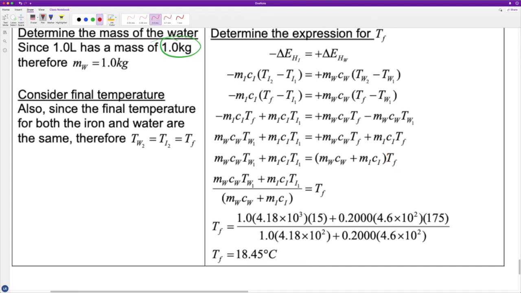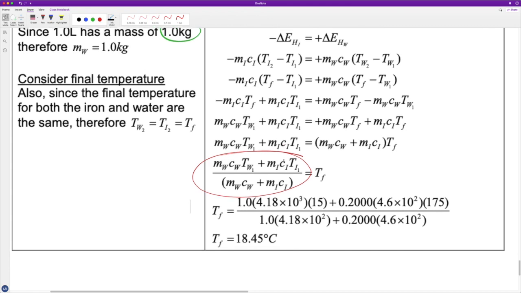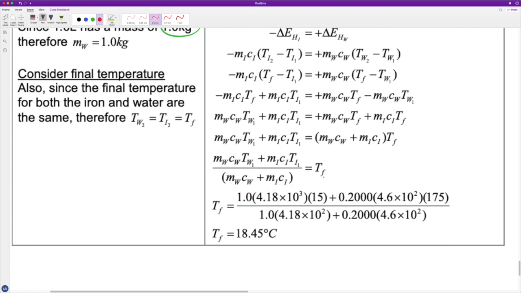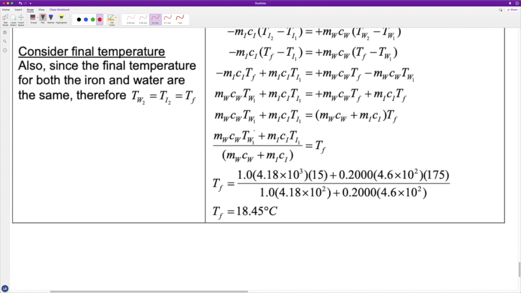Next step is I'm going to take this entire factor and divide both sides by it. So I end up getting this rather intense algebraic expression, and these are the most challenging of the questions here. When we substitute the values in and go through all the math, we end up getting a final temperature of 18.45 degrees Celsius. And this is both the final temperature of the iron and the water.